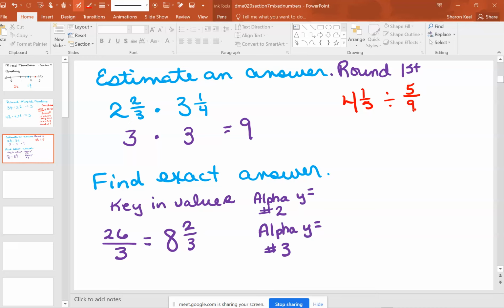As we estimate, half of 5 would be 2 1/2. 1 is smaller than that, so that should round down and stay as a 4. There's not a whole number, so it's understood to be a 0. Half of 9 is 4 1/2. 5 is larger than that, so that would make it round up to 1.